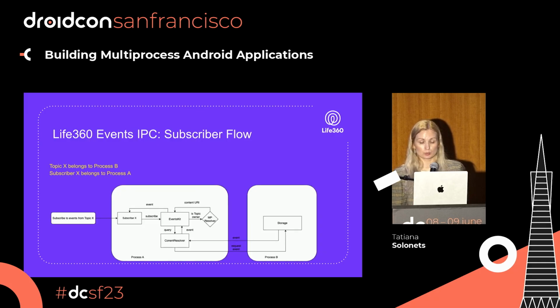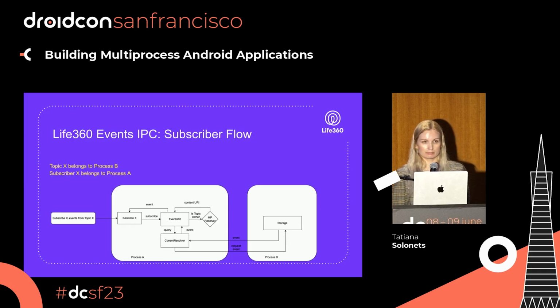And the case with two processes, now imagine that topic X belongs to process B. Here we have the subscriber X in process A who wants to get the topic events. And it requests Events Kit in its own process, and then the MP resolver says, no, we don't own this topic, so here's the content URI for the content resolver, and we call content resolver query.